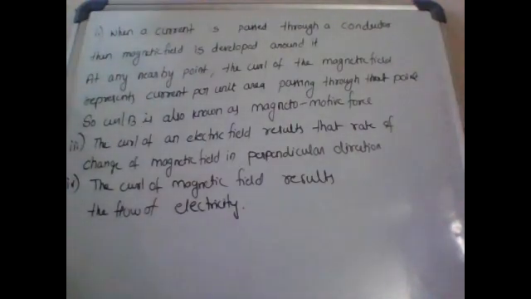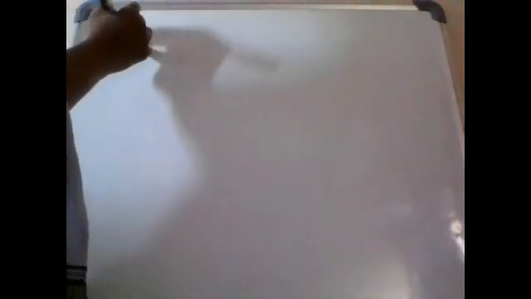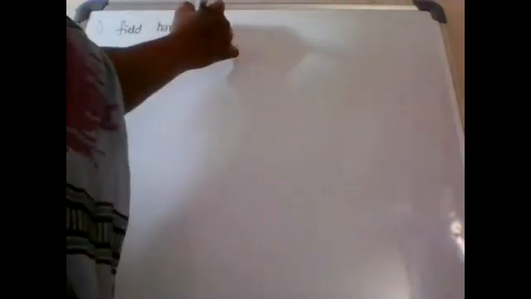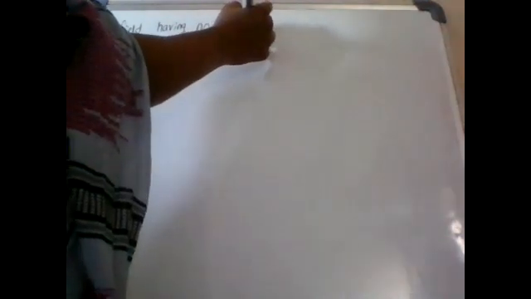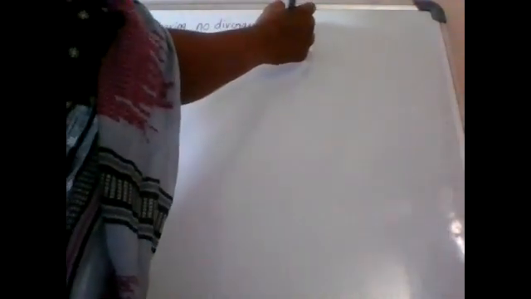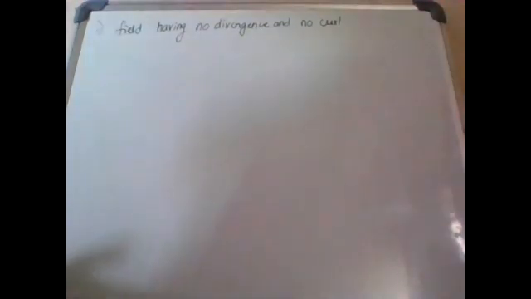Next, different types of vector fields. First one, field having no divergence and no curl.